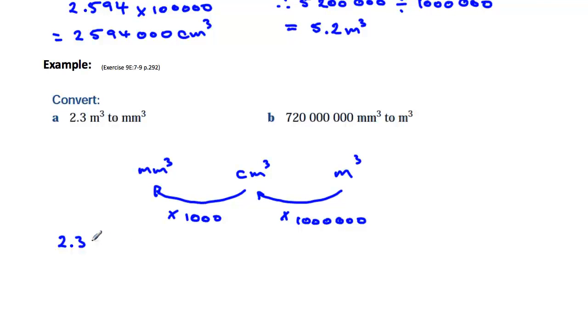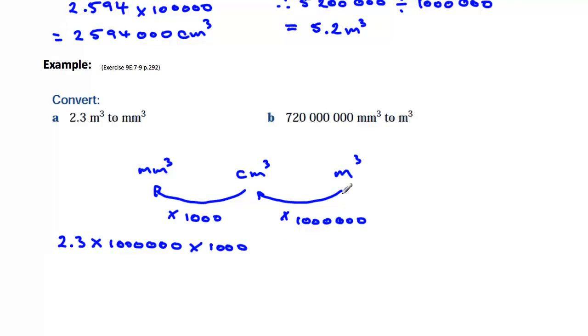So if we do that, I can write my 2.3, if I times it by a million, 1, 2, 3, 4, 5, 6, and then to go to the next stage I times it again by 1,000. 1, 2, 3.